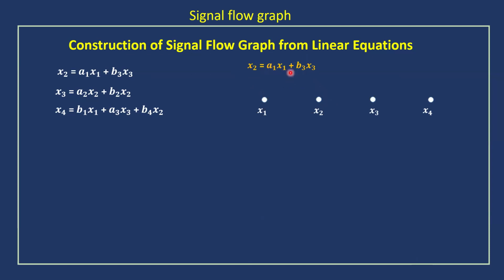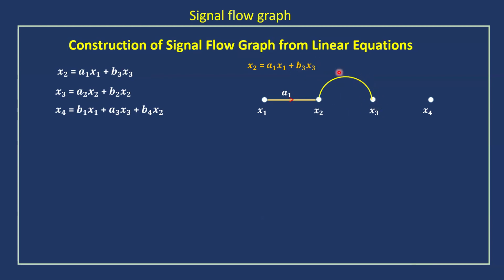So A1 X1 plus B3 X3. A1 is the gain coming from the node X1. So from the X1 node, A1 is the gain. And then another input is coming from the node X3. So reverse from X3 to X2, we can represent by a curved line.